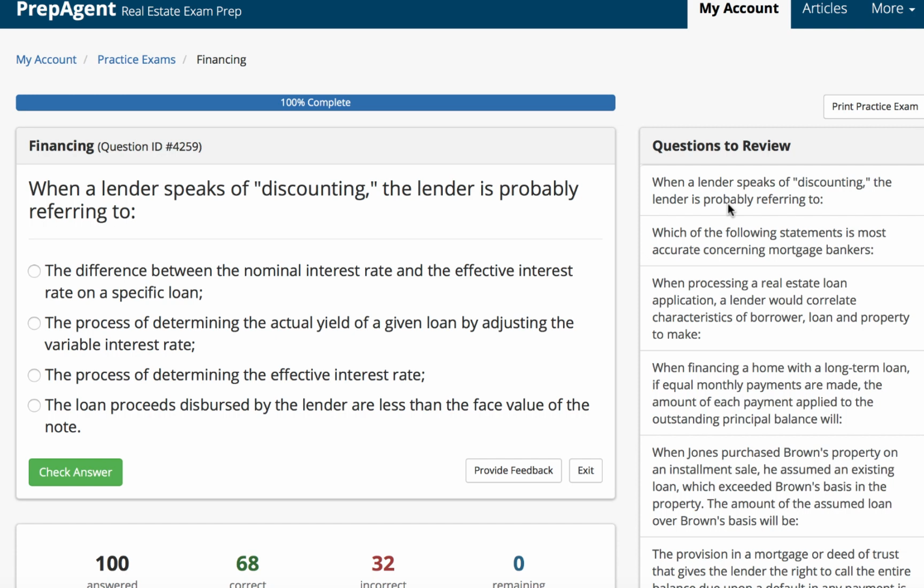When a lender speaks of discounting, the lender is probably referring to the difference in the nominal interest rate and the effective interest rate on a specific loan, the process of determining the actual yield of a given loan by adjusting the variable interest rates, the process of determining effective interest rate, the proceeds dispersed by the lender are less than the face value of the note.